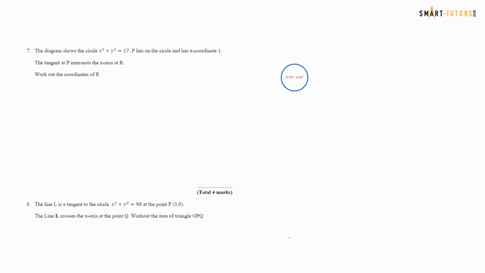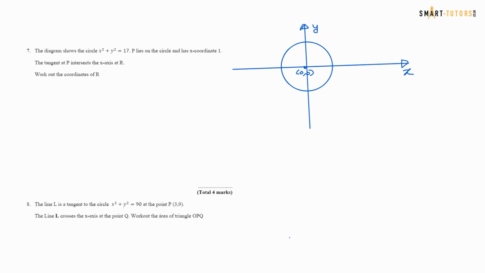So there's a circle, and the x-axis is going through the origin. So that is the x-axis and the y-axis. Let's mark this one. This is the x-axis and this is the y-axis, and the center of the circle is (0, 0), and the radius of the circle is root 17.